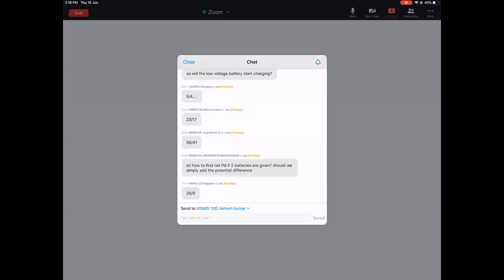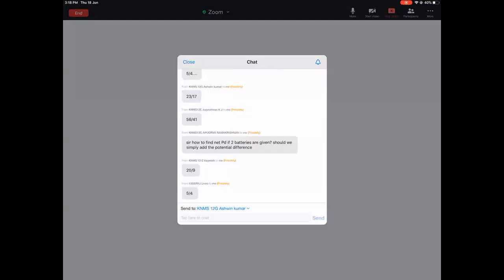We have not yet come to cells. We will come to cells. How to find the potential difference if two batteries are given, we will find out. Don't worry. Just as we spoke of resistors in series and parallel, we'll speak about cells also in series and parallel. That time we'll be doing it.